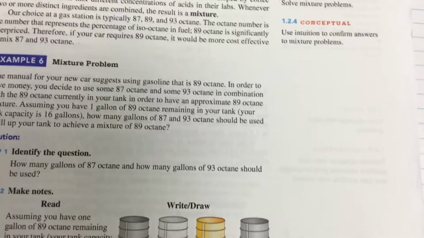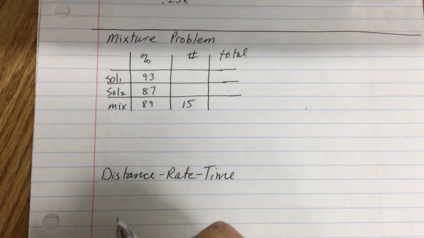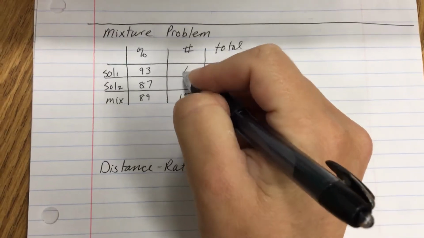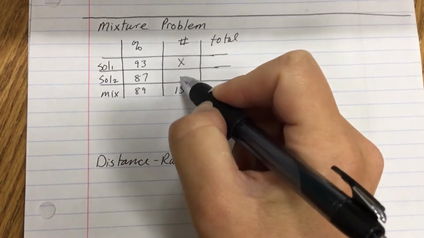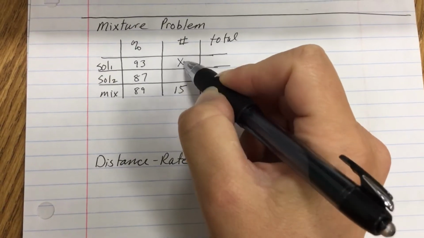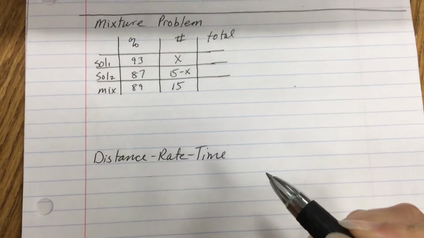So we're just going to forget that 1 gallon and say that I'm mixing only 15 gallons together. So the question is, how many gallons of each? Well, I don't know how many gallons of this, so I'm going to call that X. And this one would be whatever remains of that 15 gallons that's not X. So it'd be 15, take out the X.